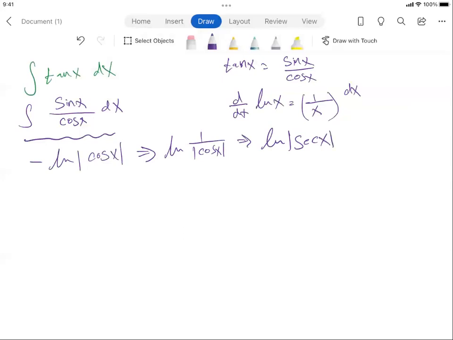So that's the answer, and I'll add a constant. The reason I put absolute value for the argument of natural log is because natural log cannot accept a negative value as an argument. It's just that the function is not defined there.